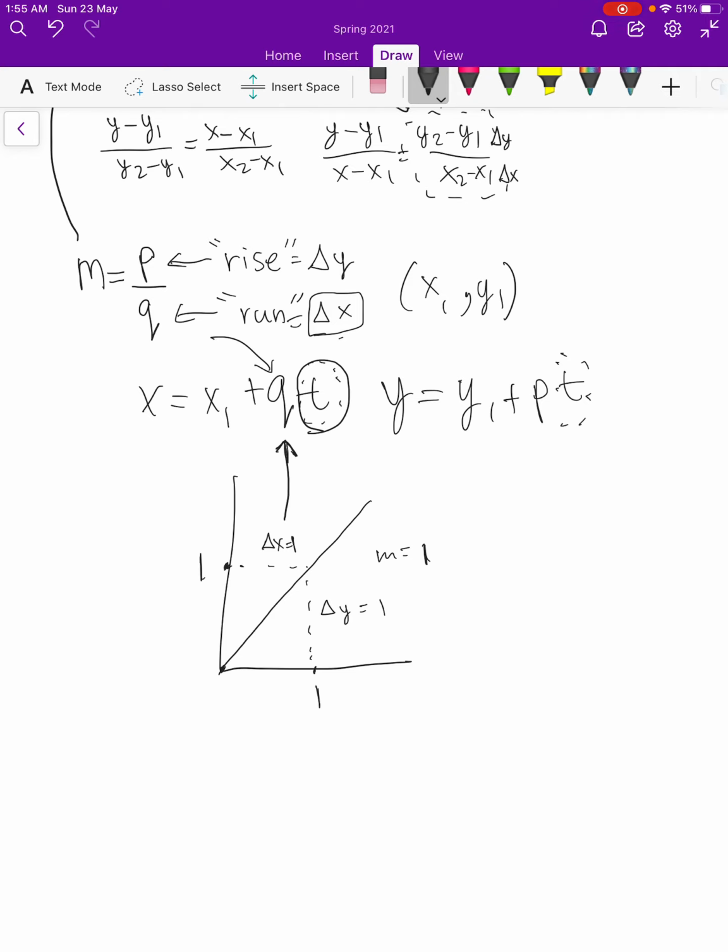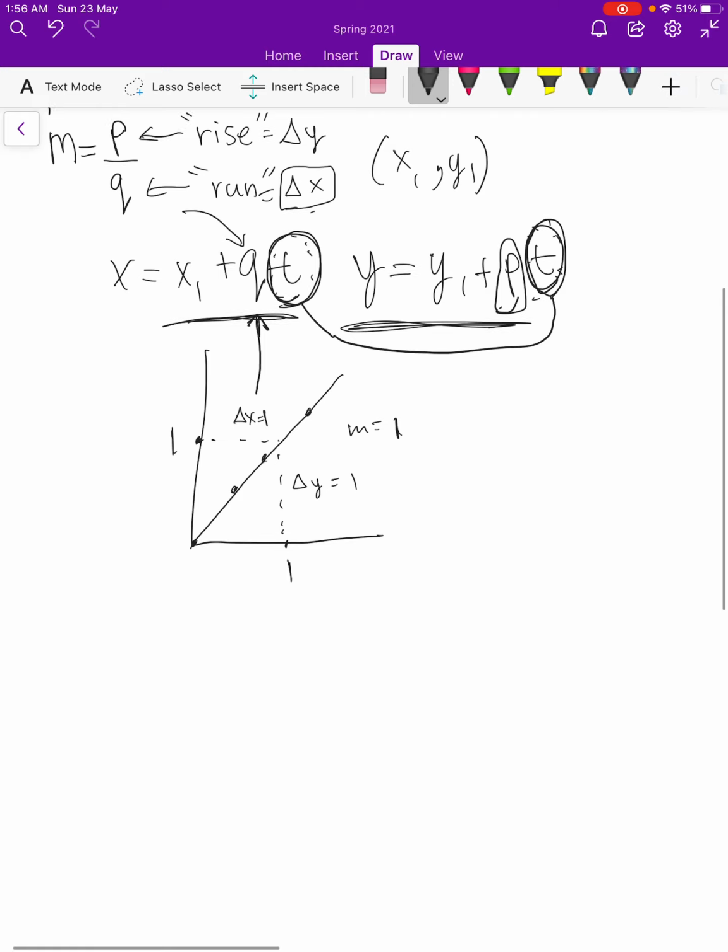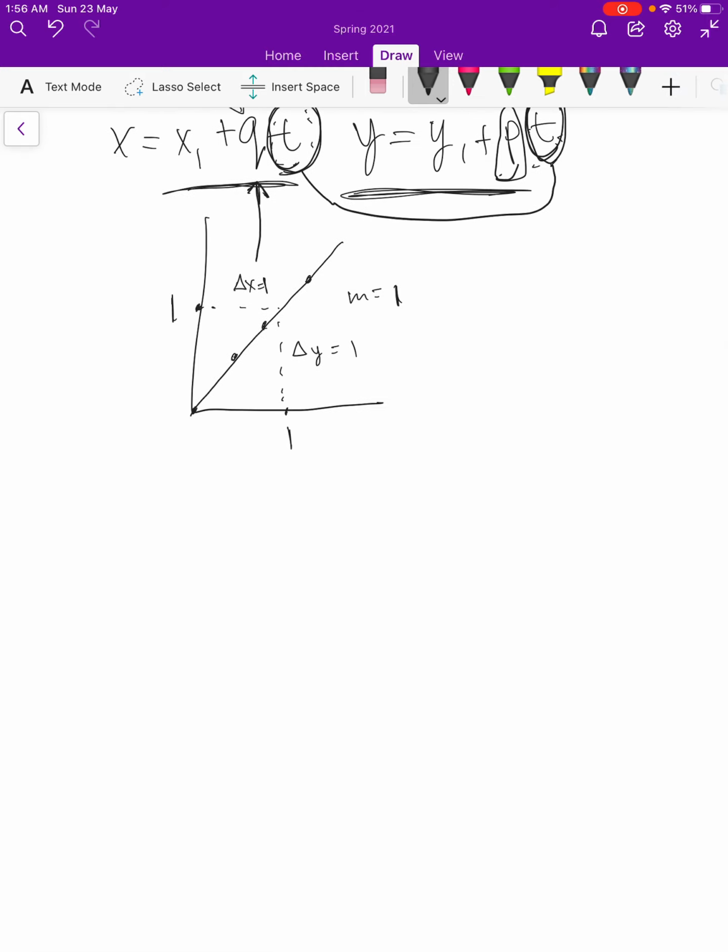So our x always changes by this fixed amount and our y always changes by p, the fixed amount. t will just establish a position where it affects both in the same manner, so it will stay as the same line. If our t wasn't linked up, then these equations have no correlation to each other and would not form the same line as they would with a y equals mx plus b equation.